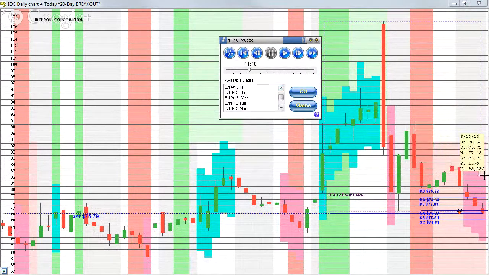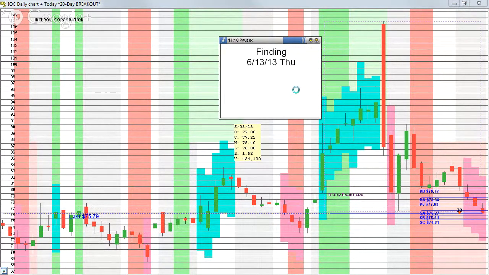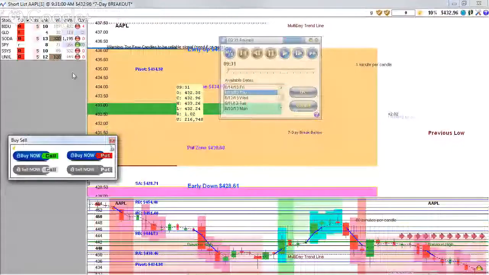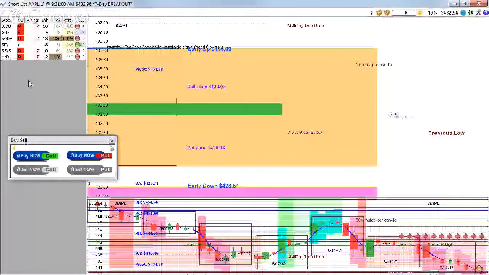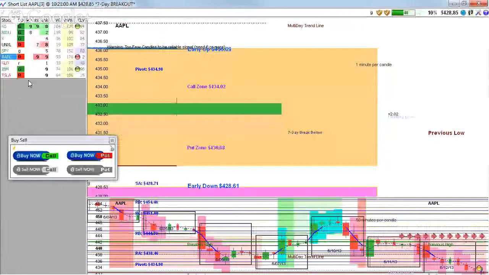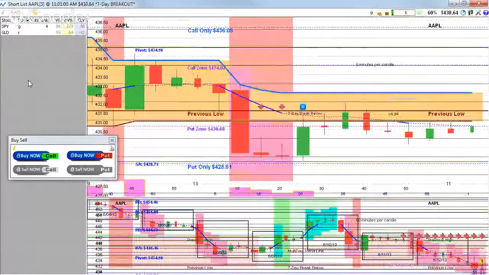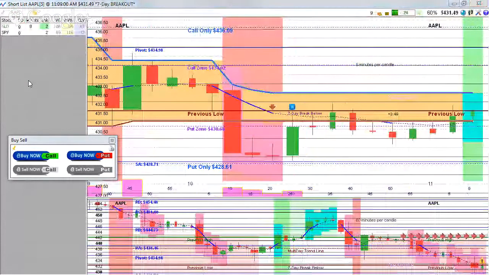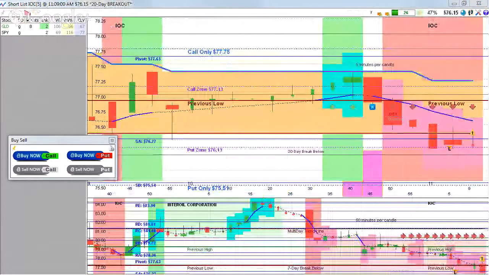Okay, so we're on June 13, 2013, so those that want to play along with us, they can. So I just reloaded the day. I'm going to move along to the time that we talked about, 11:11 or 11:10. And we're going to grab the stock that you wanted, which is that guy.